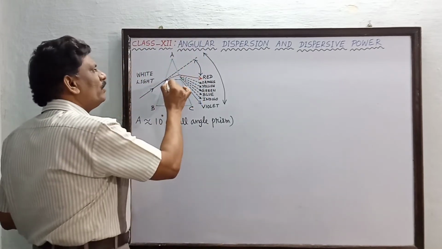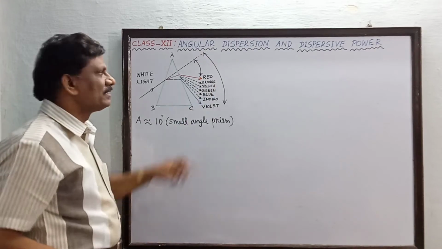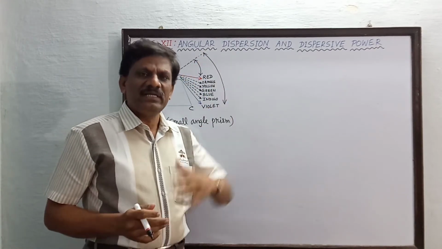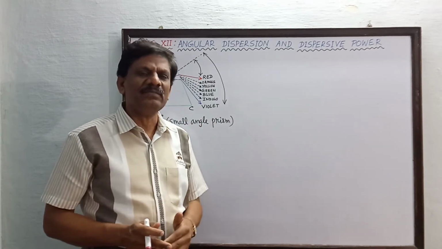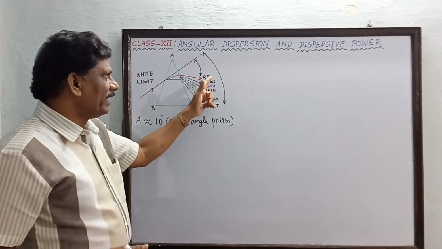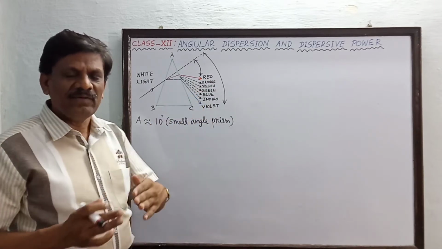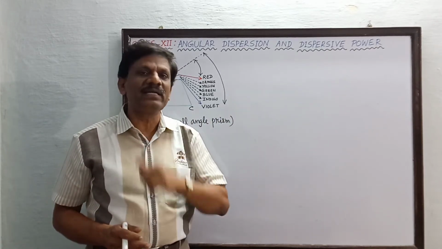If I produce this incident ray by a dotted line, that is the direction of the incident light. With respect to the direction of the incident light, due to the presence of the prism, the violet and the red, including the other colored rays also, have deviated from the original direction through some angle.